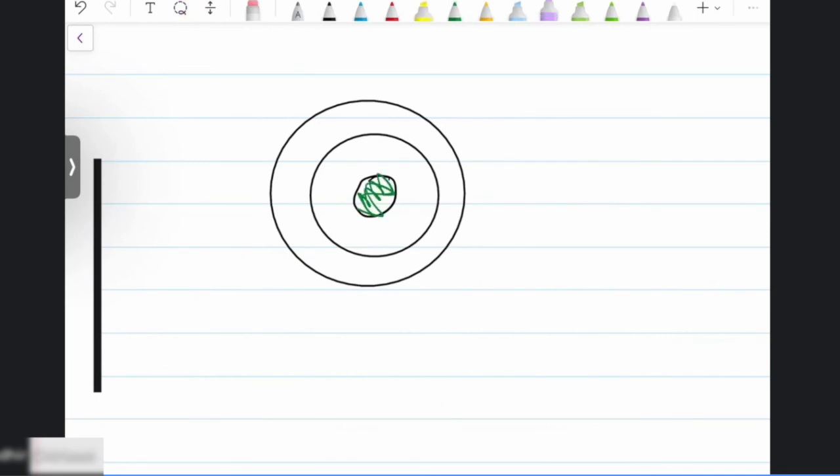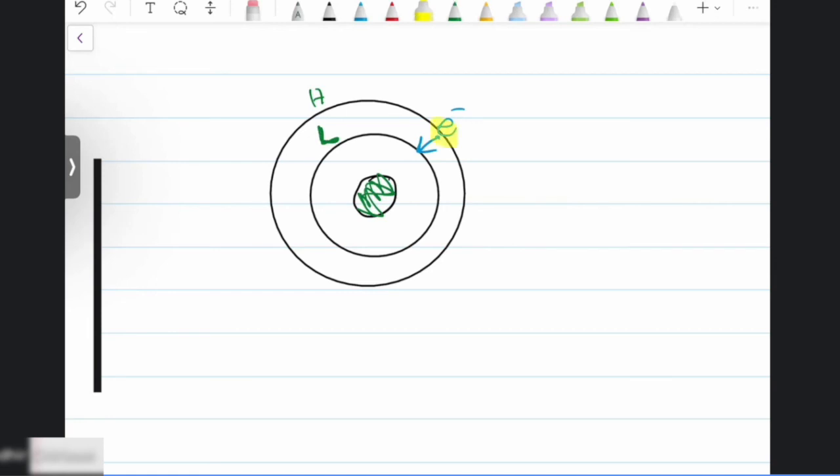If you have an electron in this state here, this is the high energy level going to a lower energy level. So this is the higher energy level and this is the lower energy level.